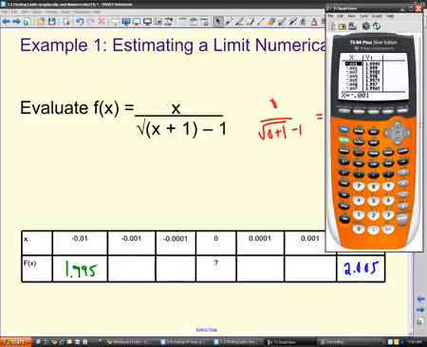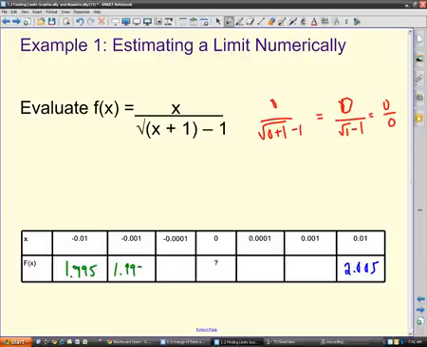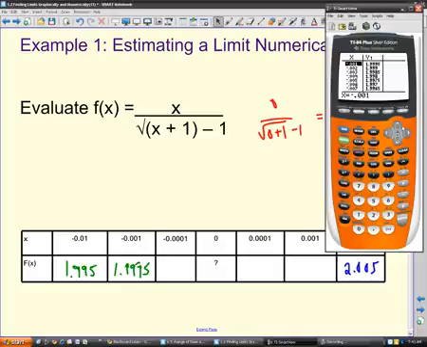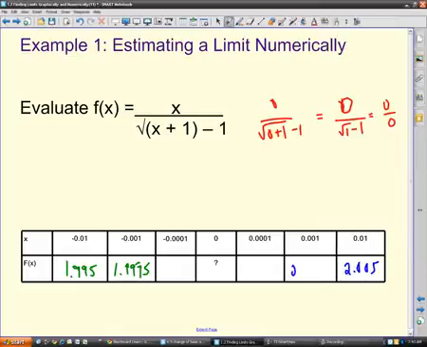So I get 1.9995. Then if I arrow over on my graph to the positive side, you can still see there's an error. You can see that I pick up an extra 0 for my y value: 2.0005.